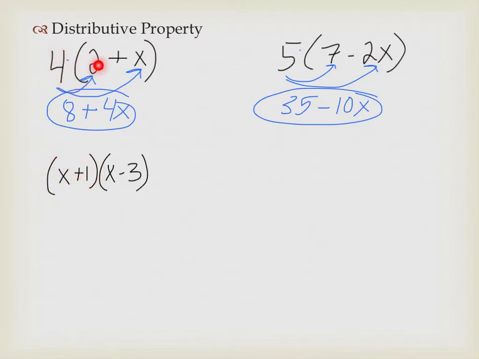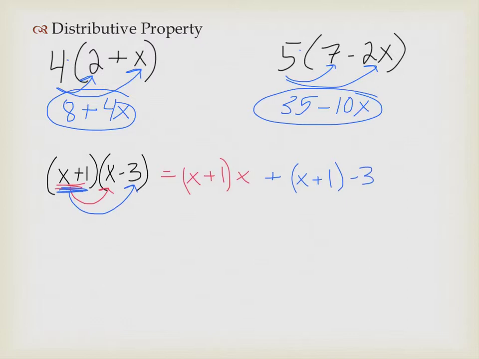Our 4 was multiplied by each of these terms. Our (x plus 1) will be multiplied by each of the terms in this binomial. So our (x plus 1) will be multiplied by x, and our (x plus 1) will be multiplied by -3. So you see, we're just repeating the distributive property here. Now it's kind of happening twice.